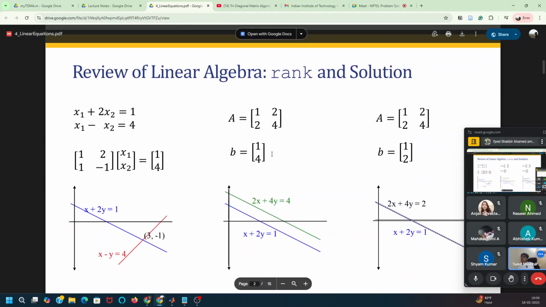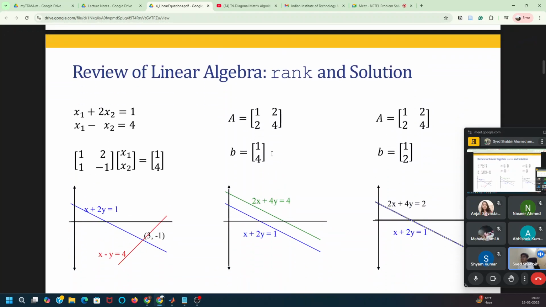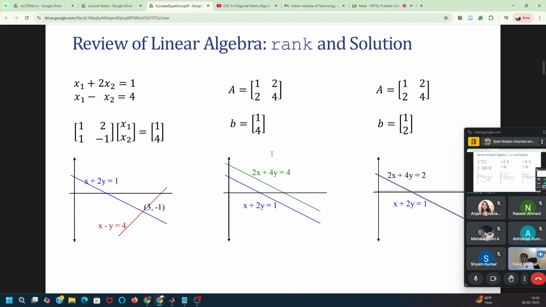Because this is a simple case, for a two cross two system you can plot it and see if there is a solution, if there are no solutions, or if there are infinite solutions.